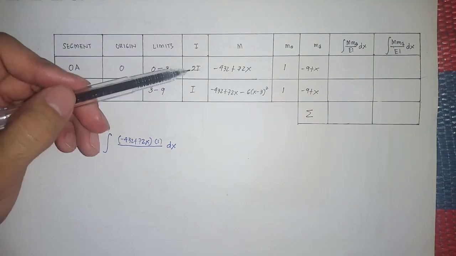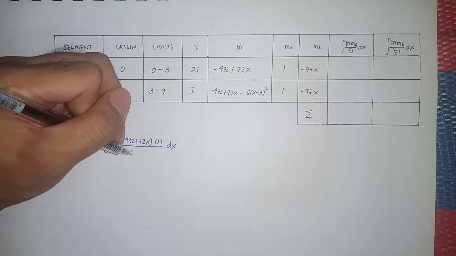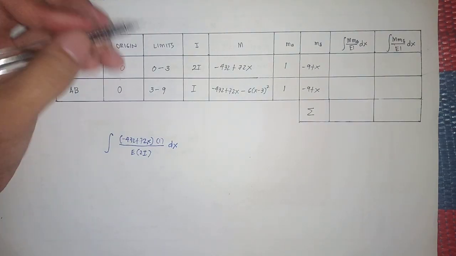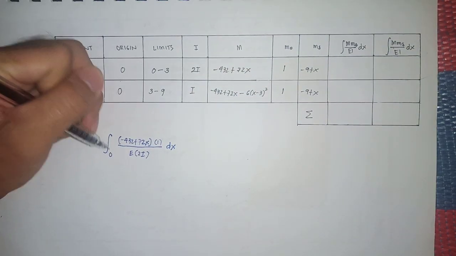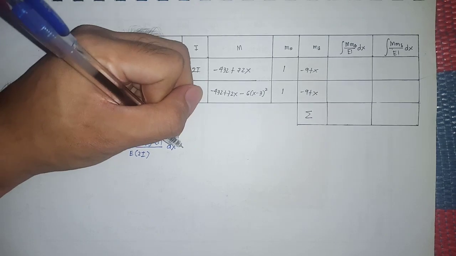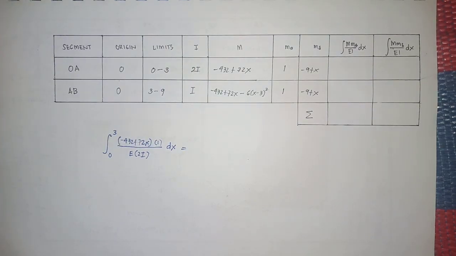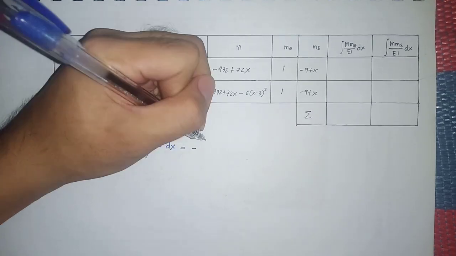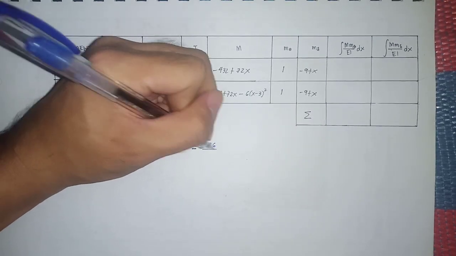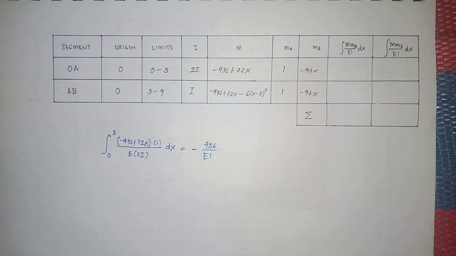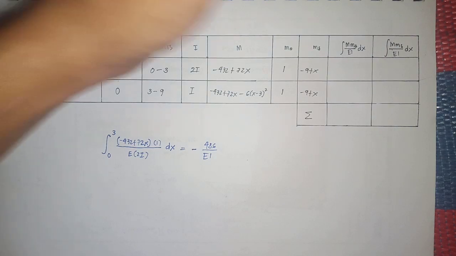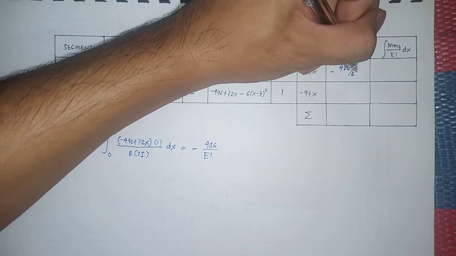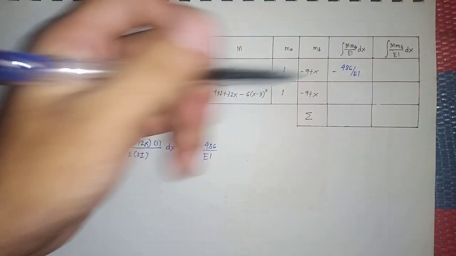But take note, yung I dito ay 2. So, napakahalaga nun. So, E times 2I from 0 to 3. So, kuha tayo ng calculator and then this is equal to negative 486 over EI. So, ilalagay natin yan dito. Negative 486 over EI.